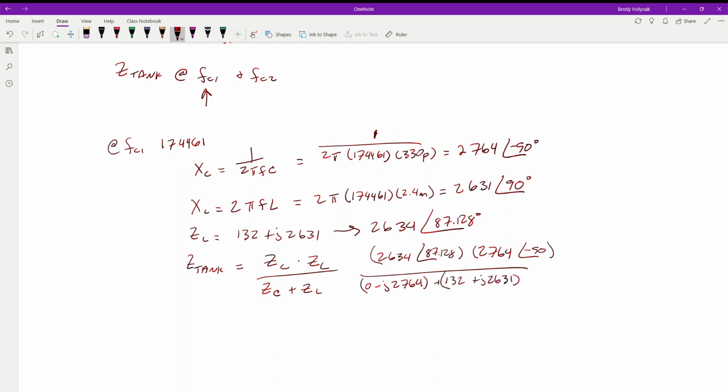So we calculate that all out. You add those together in rectangular, convert it to polar, multiply those two together, divide the two out. When it's all said and done, our Z tank is going to be equal to 38,853 at an angle of 42 degrees.